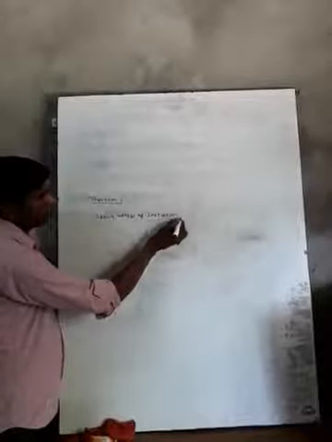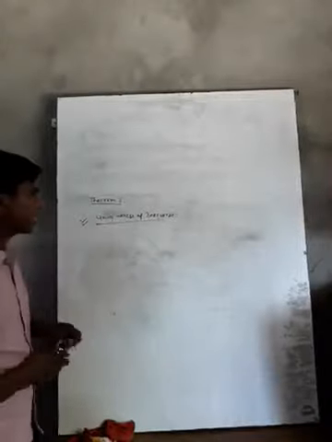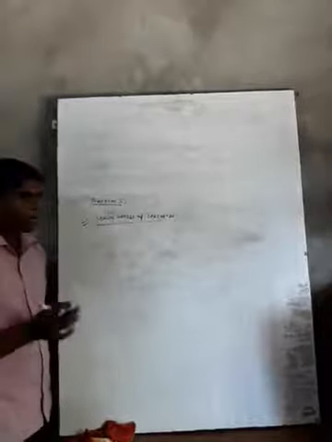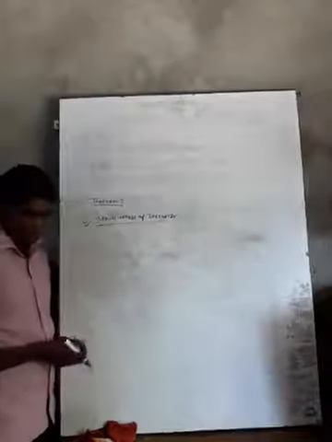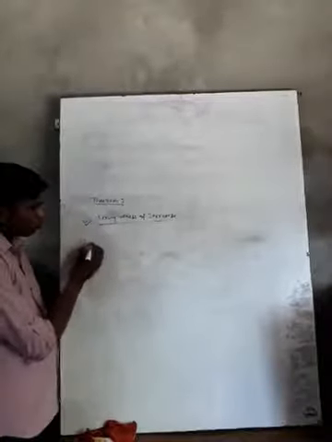In this theorem we have to read that the inverse of a square matrix, if it exists, is unique. A matrix has only one inverse matrix. A matrix cannot have more than one inverse matrix. That we have to prove here. Now we are going to prove.